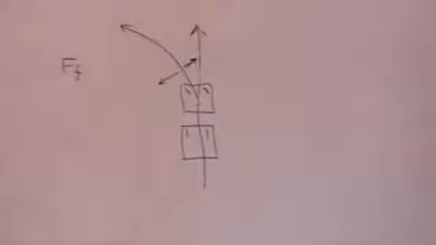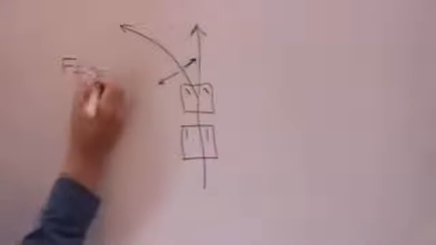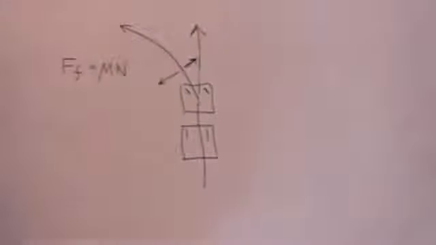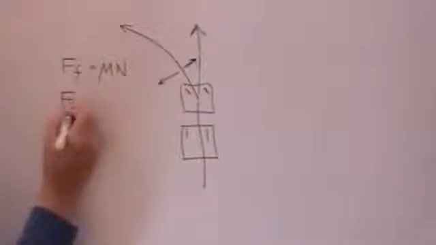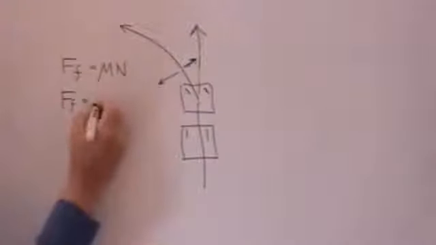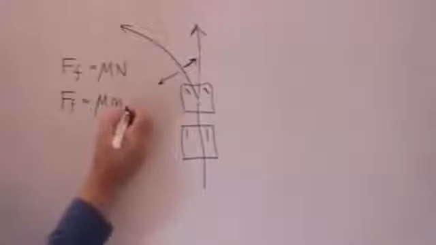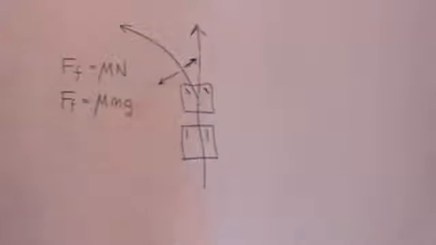That's the frictional force, and that force is going to be equal to mu times the normal force, and as we saw with the bookcase, that can be written as Ff is equal to mu times the mass times g. But what is that frictional force providing?